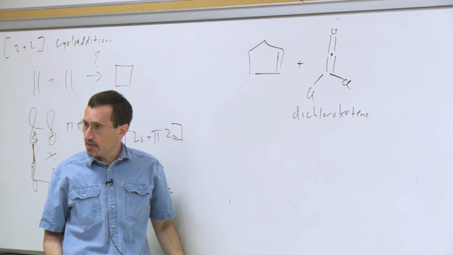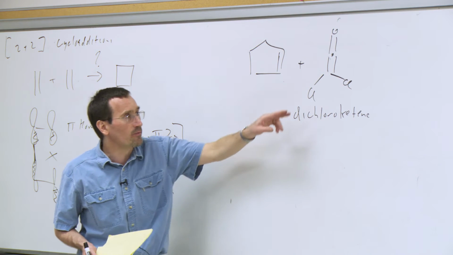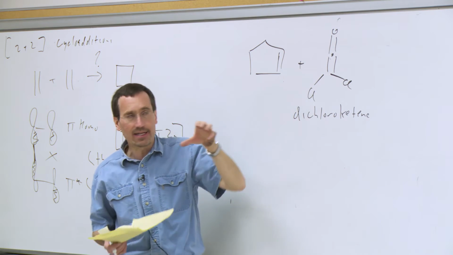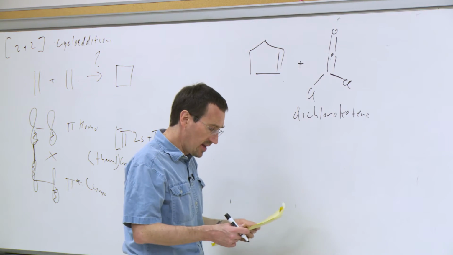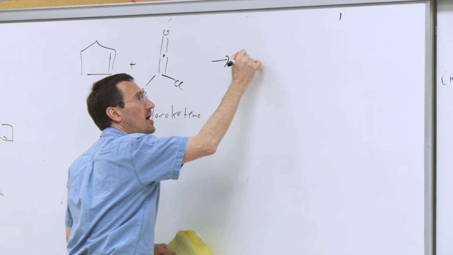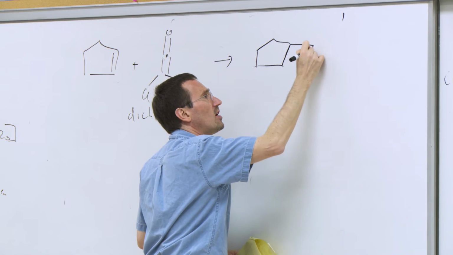Dichloroketene and many cumulated systems are especially reactive, both ketenes, which have an oxygen, and allenes, which have another carbon. And if I form dichloroketene, you can't put it in a bottle. It's not stable enough to isolate and put on the shelf.